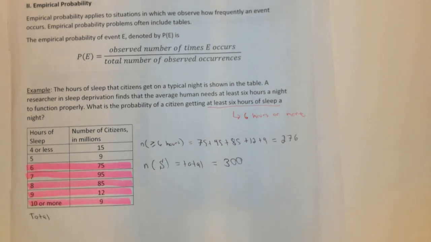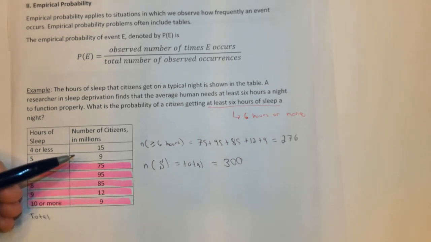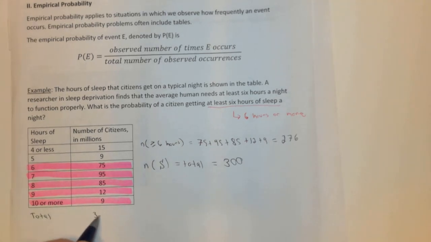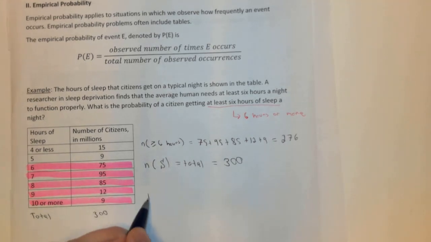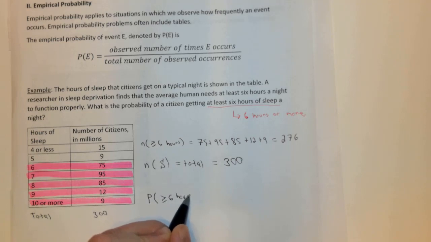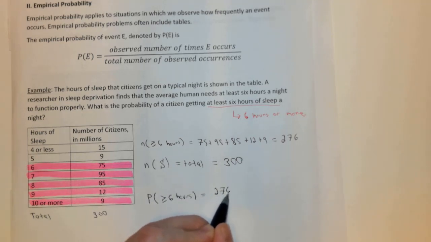But again, if you want to double check yourself, you can add up all of these numbers again. I did it a second time, I got 300. So the probability that someone will get greater than or equal to 6 hours of sleep is going to be 276 over 300.